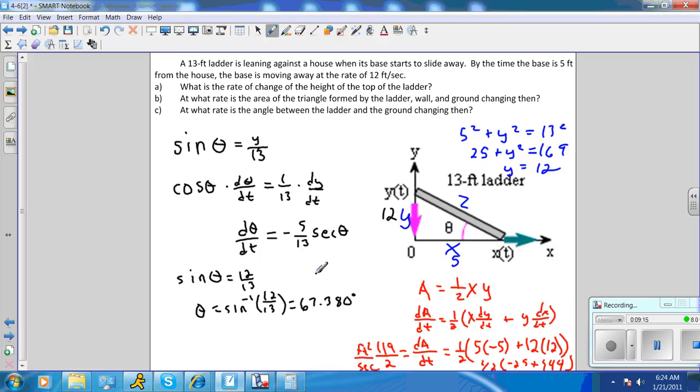We plug that into our formula and we find out that at that specific time d theta/dt equals -5/13 times secant of 67.380 approximately. And if you did it correctly, you should get -1. I believe we're in degrees right now, so this should be degrees, not radians, per second. It's decreasing, it's going down to 0, and that makes sense.